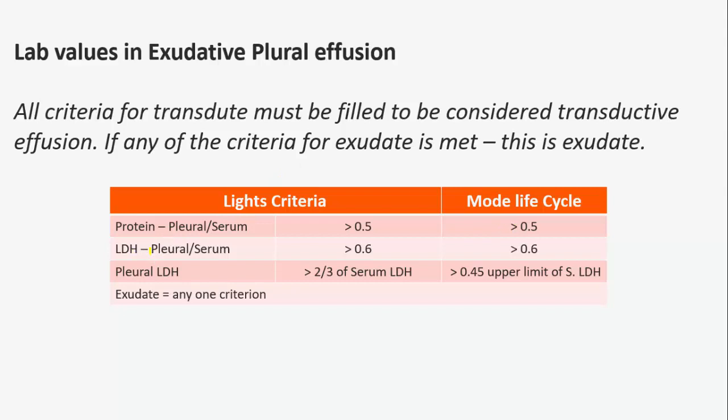The pleural LDH to serum LDH ratio is more than 0.6 in Light's criteria, and in modified Light's criteria it is more than 0.6. Pleural LDH is more than 2/3 of serum LDH in Light's and more than 0.545 upper limit of serum LDH in modified Light's criteria. If any one of these is met, then this is exudative.